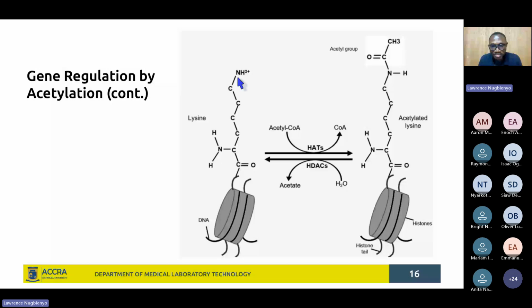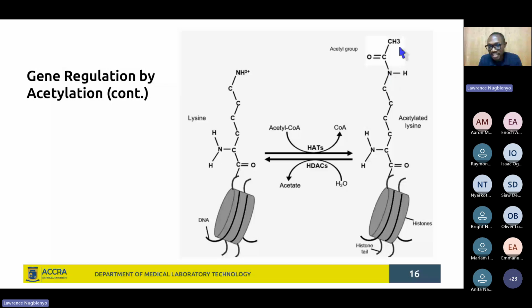And that lysine residue has a side chain with an NH3 plus, the positive charge on it. And you see acetyl-CoA comes into the reaction, and an acetyl group now comes to bind onto the nitrogen of that amine group. That is acetylation. Now lysine is acetylated.